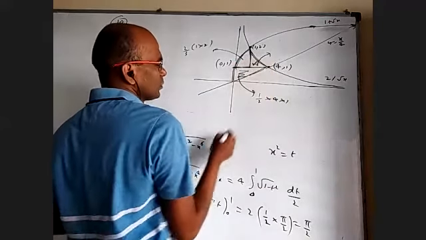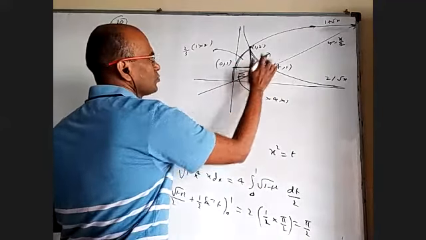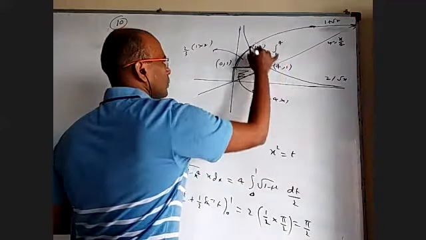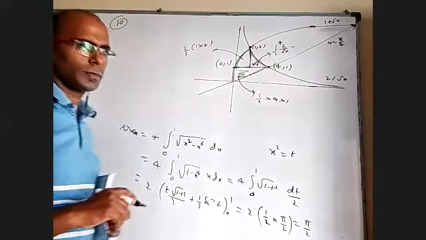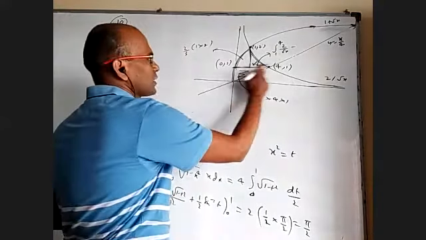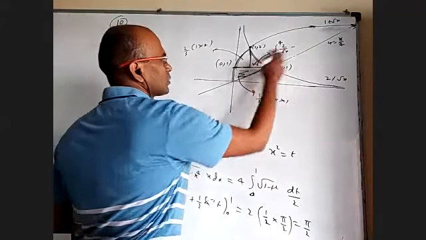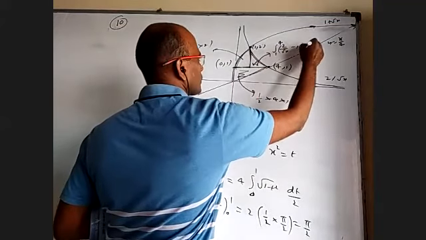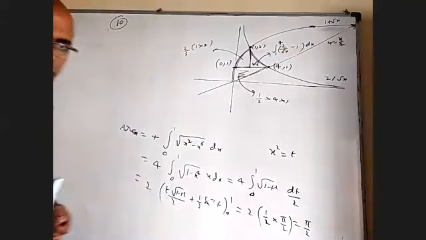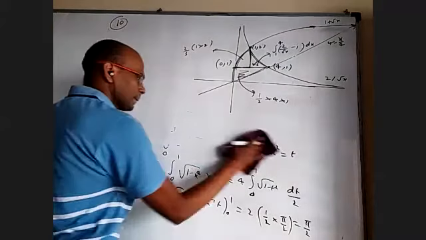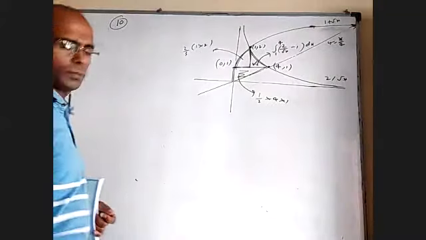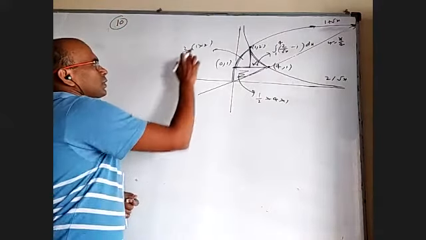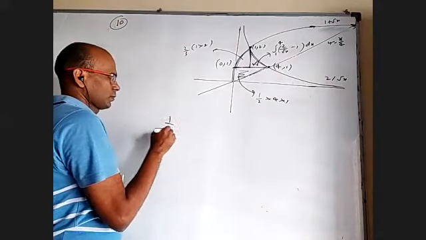So only this will be integral 1 to 4. Upper curve is 2 by root x minus lower curve is y equal to 1 here. Okay, y equal to minus 1 dx. So that I have to simplify and add all the three. Okay, so this is 1/3.